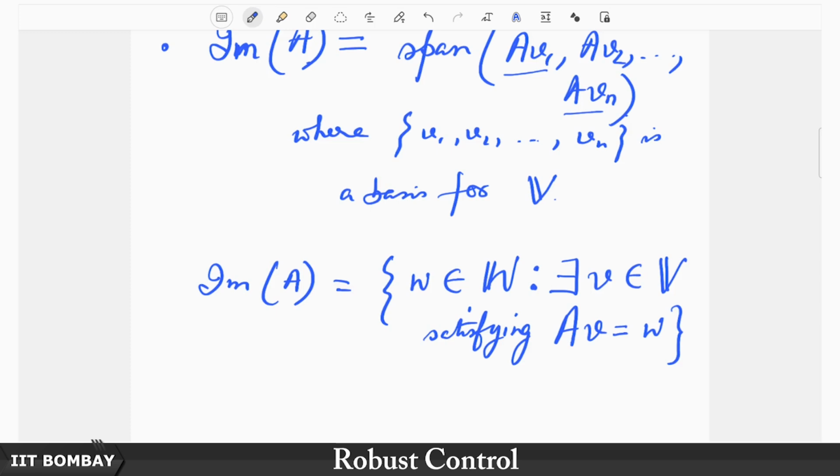That is to say that for every element that you pick in the image of a linear map, there exists at least some element in the domain which gets mapped to this element in the image.